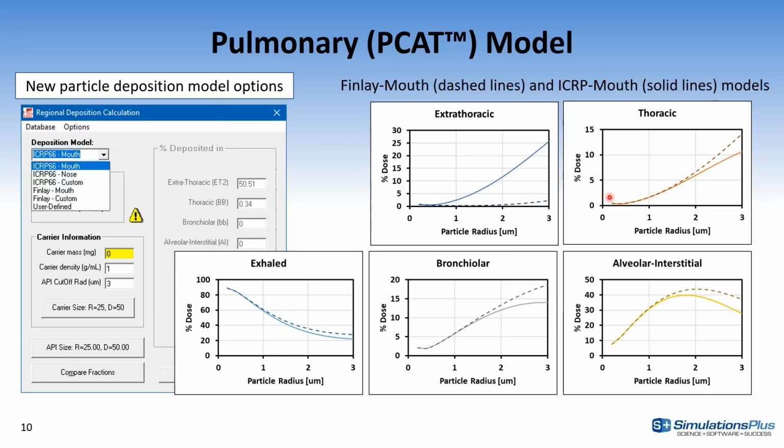For the lung depositions, for the very small particles, there would be very small or negligible differences between these two models. But as the particles get bigger, the Finlay model predicts more of the drug getting into the lung as opposed to being stuck in the throat. But we are yet to evaluate or compare these two models on a larger set of compounds to give recommendations as to which of these models might be better for different types of compounds.